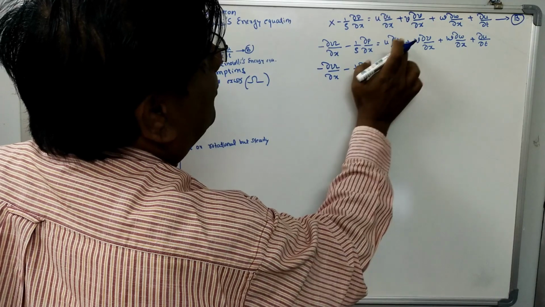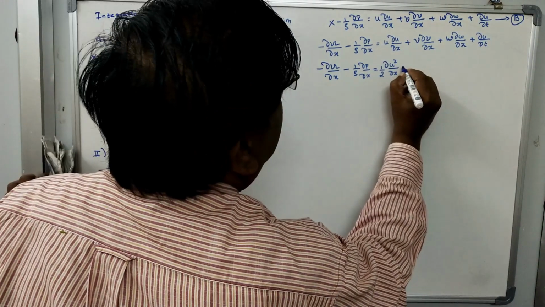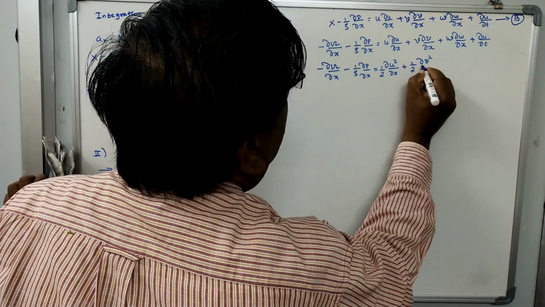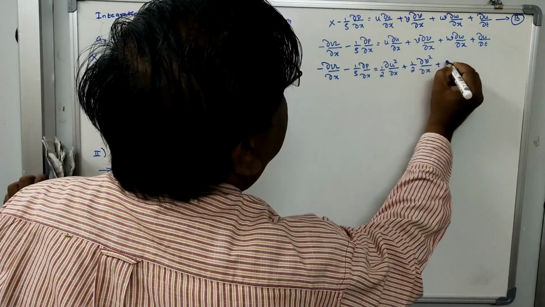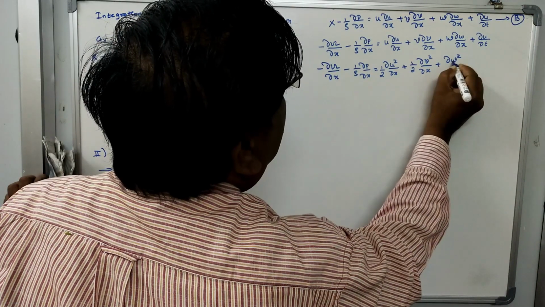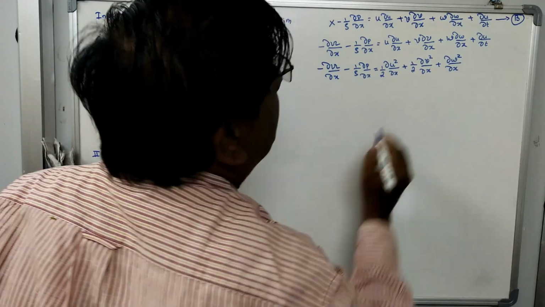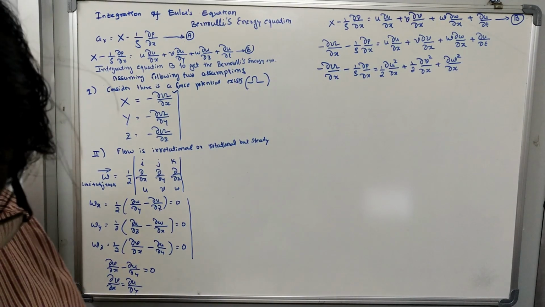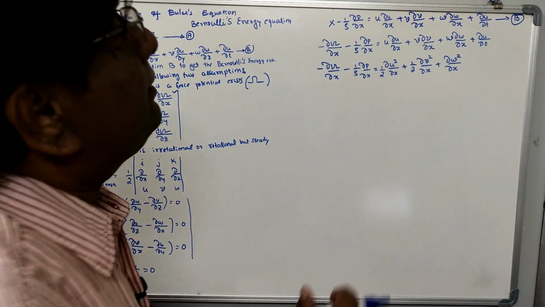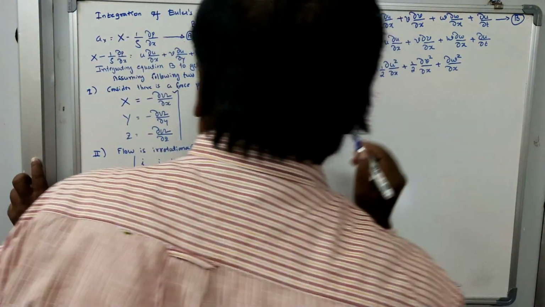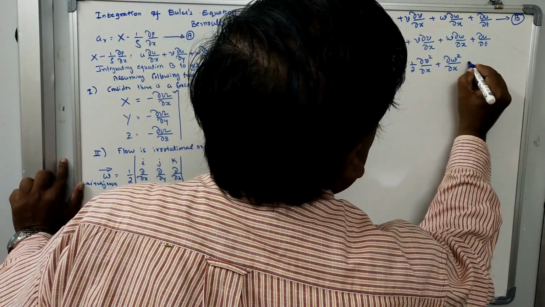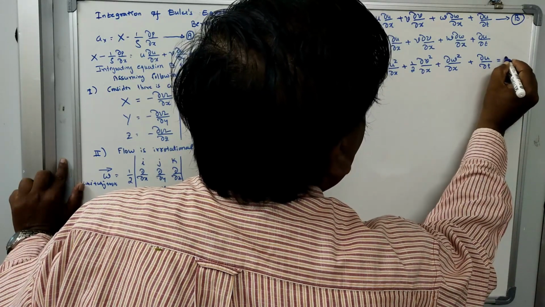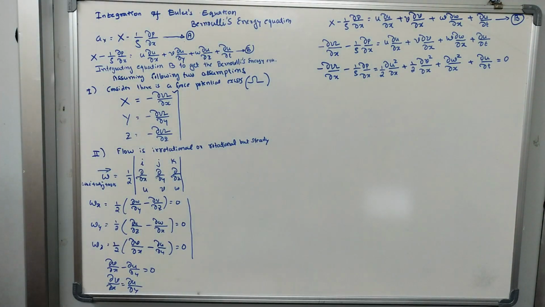Similarly, plus half ∂v²/∂x plus ∂w²/∂x, then plus ∂u/∂t. This is equal to 0.